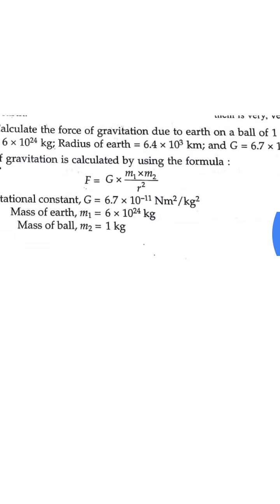Okay, you can see on the screen these values: the mass m1, the mass of the earth, is 6 into 10 to the power 24 kg, and the mass of the second object, the ball, is 1 kg. The force formula is G m1 m2 upon r square, where G is the gravitational constant, 6.67 into 10 to the power minus 11 Newton meter square per kg square.